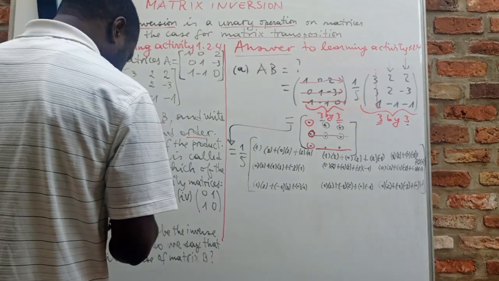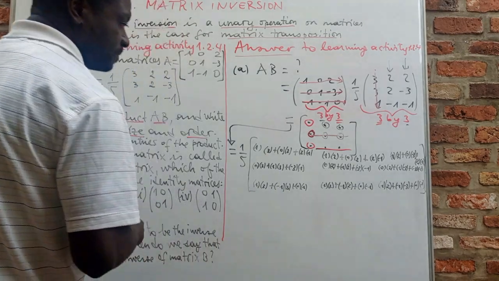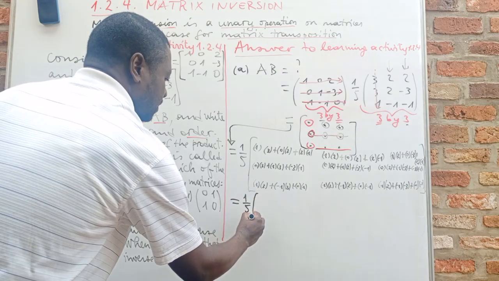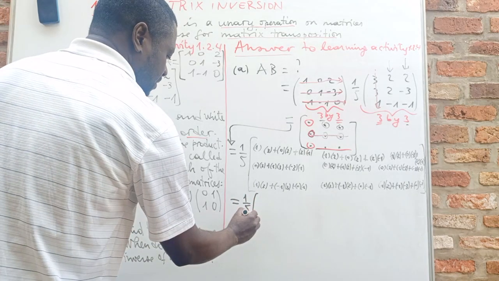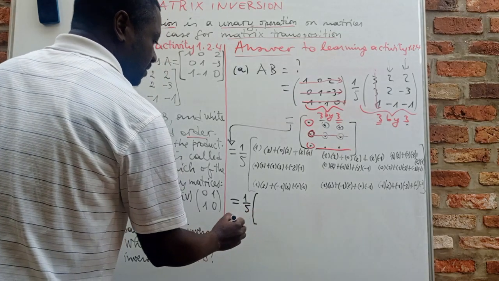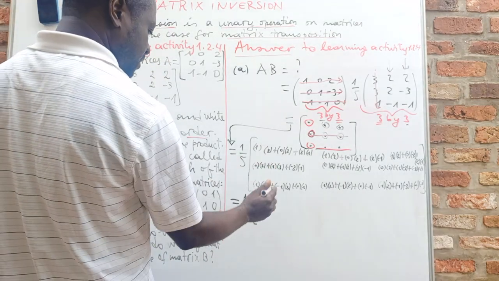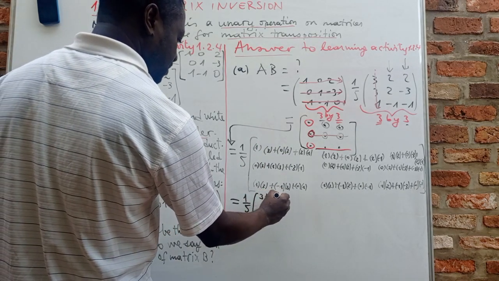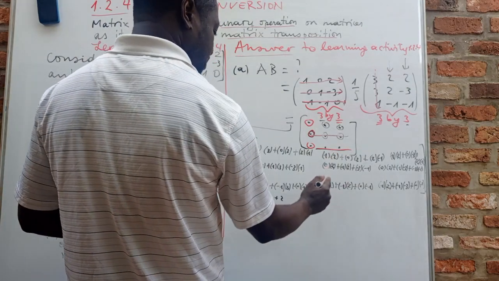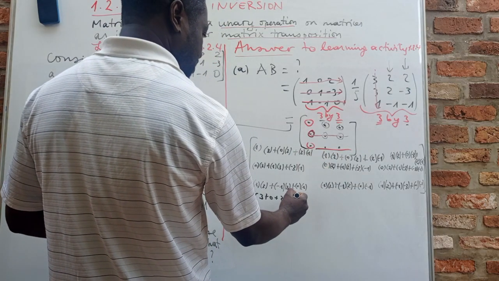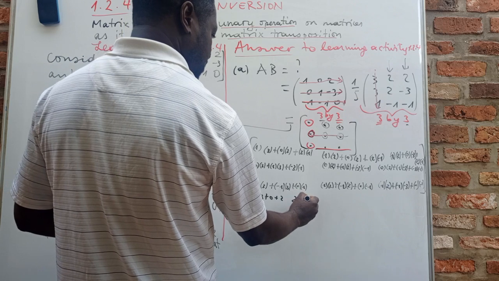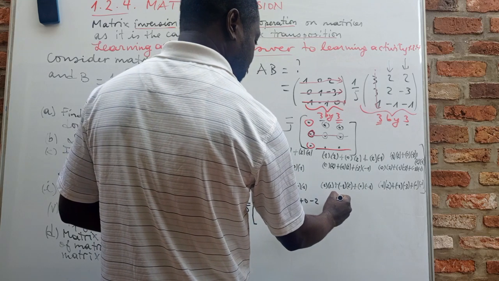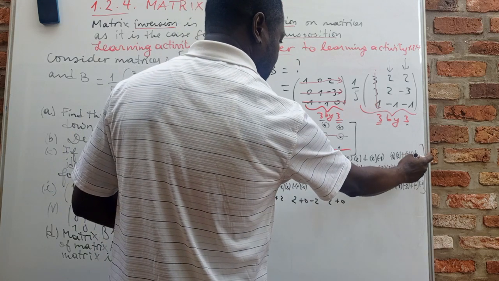Okay, so now here I'm going to have a fifth of it. Let us see what I will have. This will be 3 plus 0 plus 2. This element will be 2 plus 0 minus 2. This is 2 plus 0 plus 2.